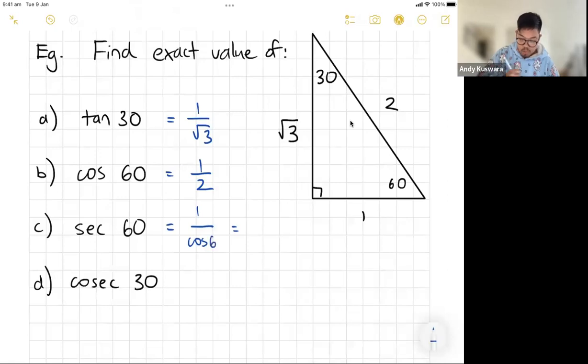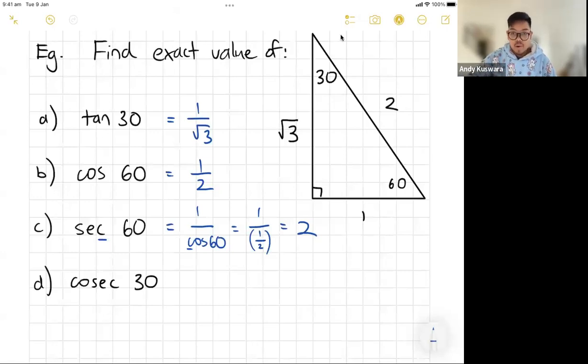So it'll be 1 on cos 60 because sec is the reciprocal of cos, third letter. Now cos 60 itself is adjacent over hypotenuse, correct? So it should be 1 on 2, but if I take the reciprocal, it's kind of like 1 over a half, or in other words, I just flip my fraction, which gives me 2 over 1, which is 2.